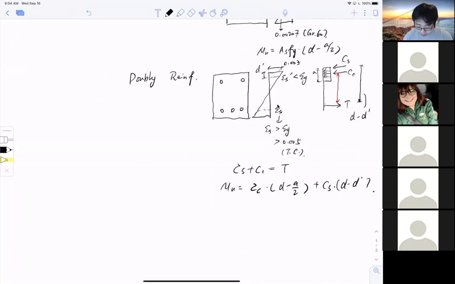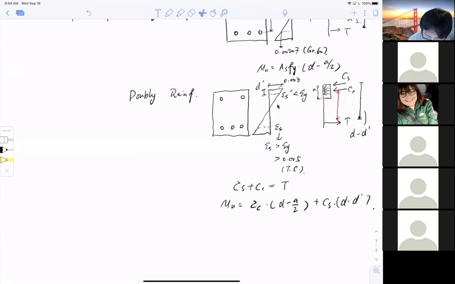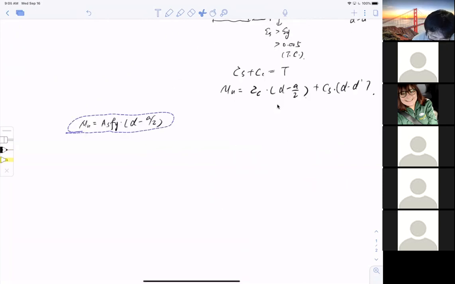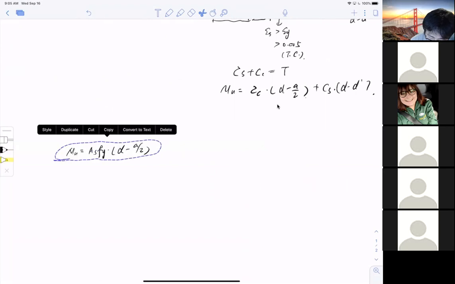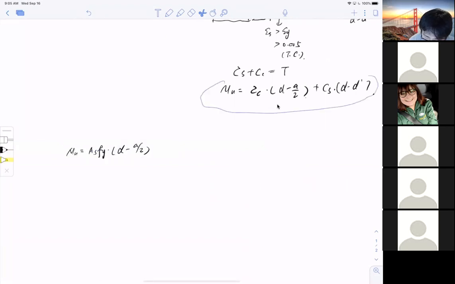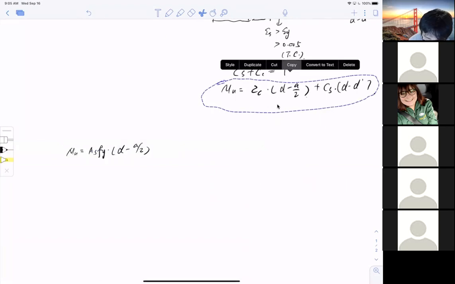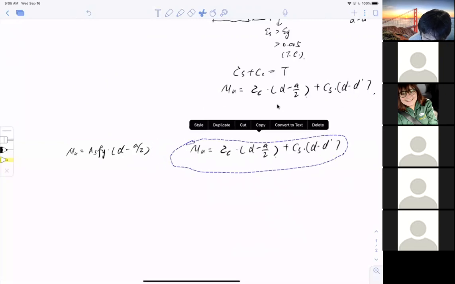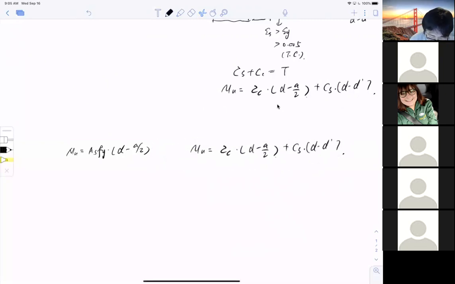Okay, so comparing these two equations, I'm gonna put these two equations side by side. For singularly reinforced, it is this fellow here. For doubly reinforced, it is this fellow here. So comparing the two cases, singularly reinforced, doubly reinforced, okay?